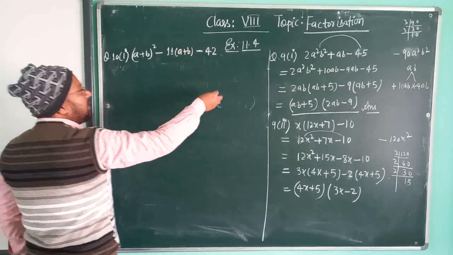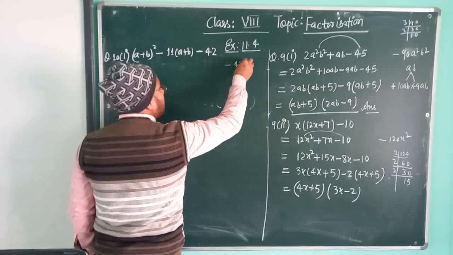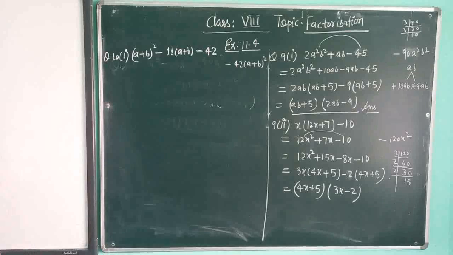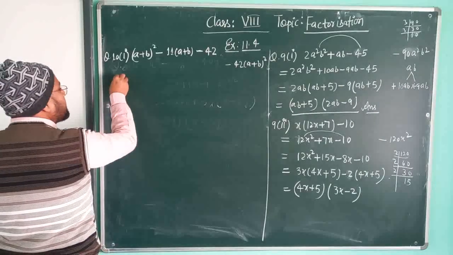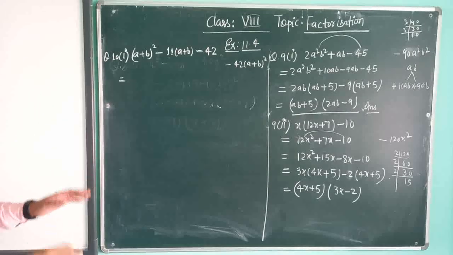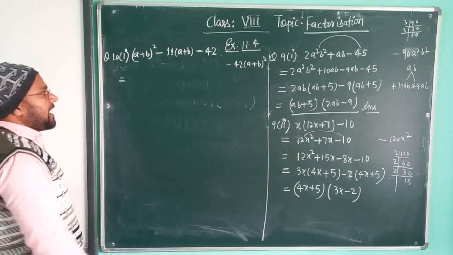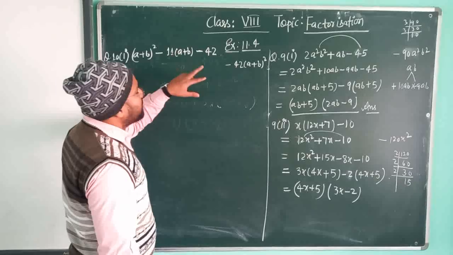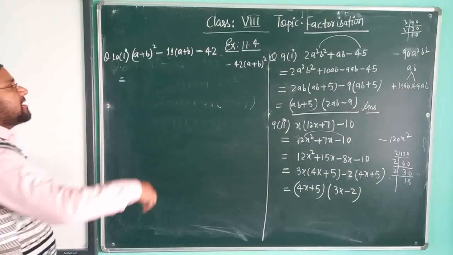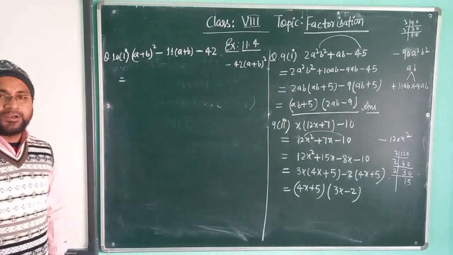First and last you can multiply. You are getting minus 42 a plus b whole square. Our aim is to break this 11 in bracket a plus b into two parts, so product is minus 42, and by adding or subtracting we are getting minus 11.